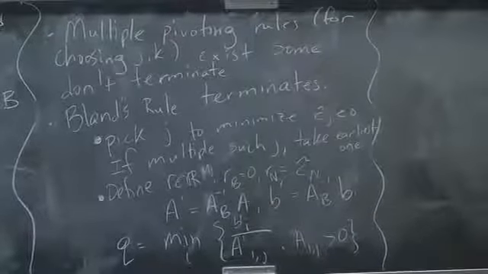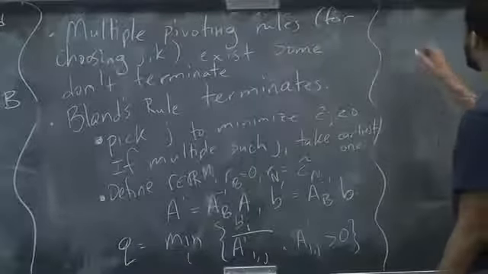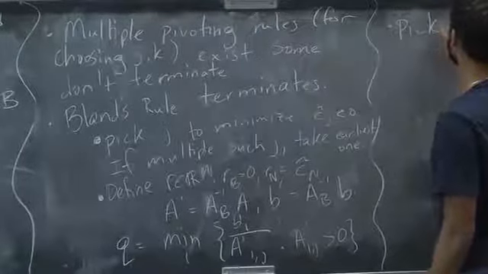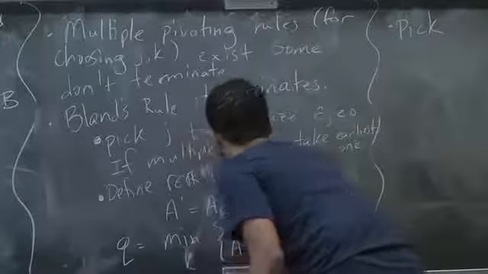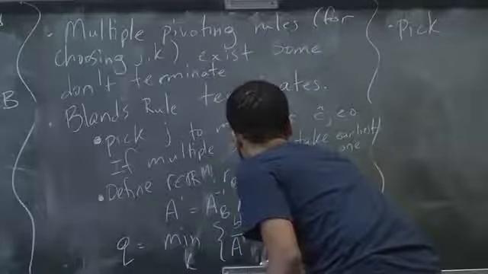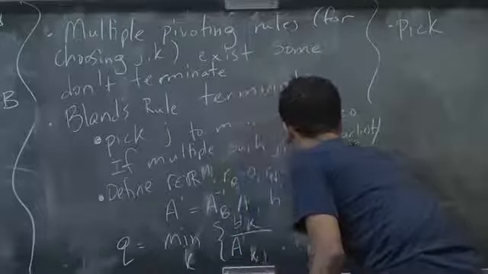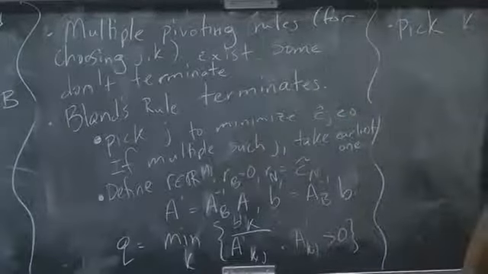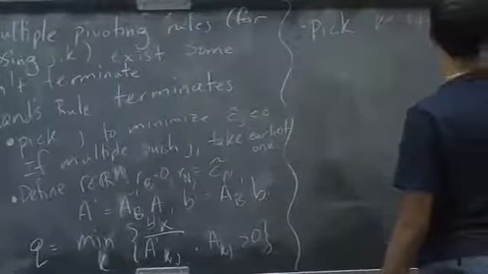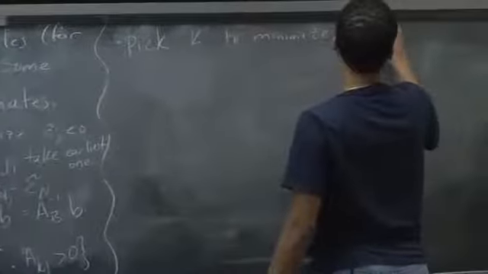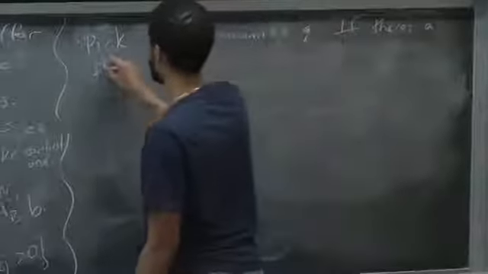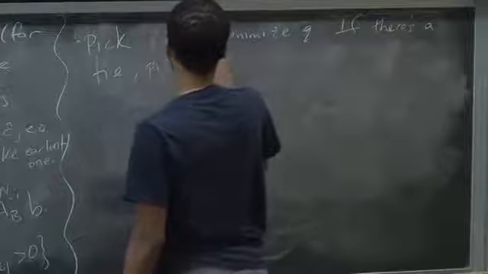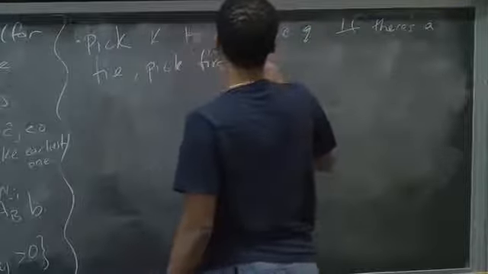And then you pick k to minimize q. If there's a tie, you pick the first k minimizing q.